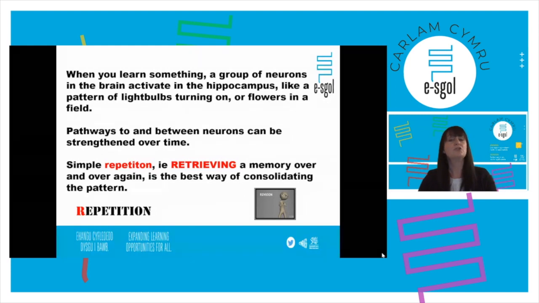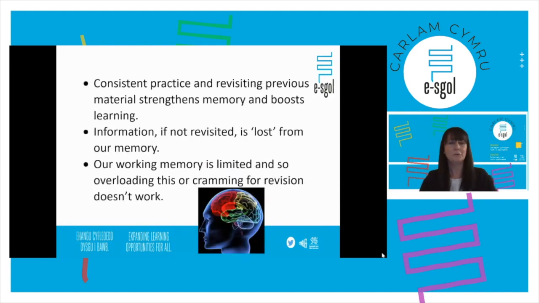You will be able to retrieve and recall and get a memory over and over again. And that is the best way of consolidating this pattern. It's by repetition. So if you consistently practice and revisit things that have gone into your brain, then that's going to strengthen your memory and it will boost your learning.